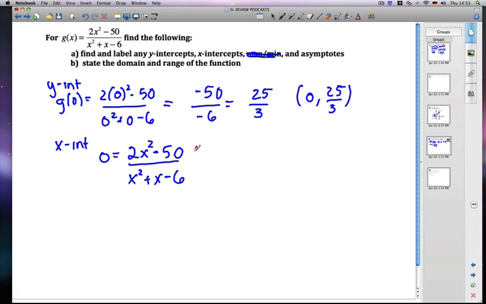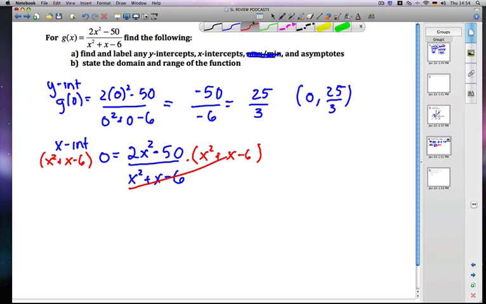The only thing you're really interested in is the numerator, because 0 divided by anything is simply going to be 0, so we can just get rid of the denominator. It was quite an epiphany when I learned this. Every time you have a rational function equal to 0, you really only care about the top, because the top is what makes it 0. So just multiply by the bottom on both sides, and you're left with the top equals 0: 0 equals 2x squared minus 50.